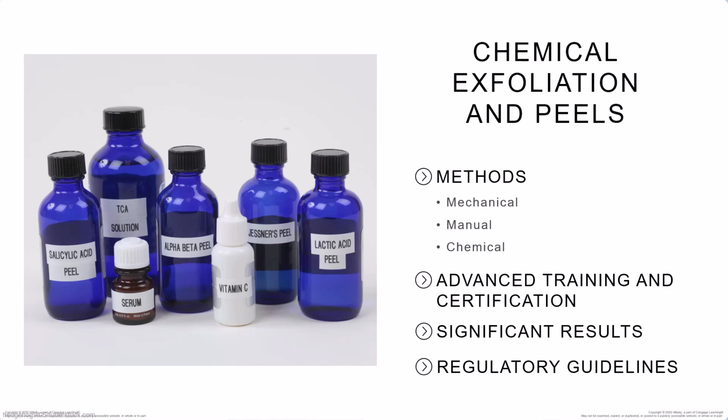Typically, advanced training and certification is necessary for chemical exfoliation. Typically, they're going to yield more significant results and help produce a clinical change in the skin, and they're commonly used to address photoaging, acne, hyperpigmentation, and other conditions.